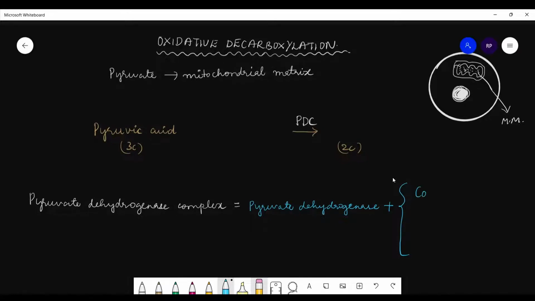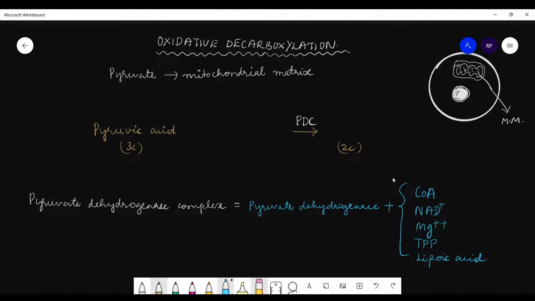We are going to have something called CoA, that is coenzyme A, and NAD is going to be present, magnesium ions is going to be present, and we are going to have something called thiamine pyrophosphate. TPP is thiamine pyrophosphate, and also lipoic acid. We are going to have pyruvate dehydrogenase enzyme plus these 5 cofactors together is pyruvate dehydrogenase complex.